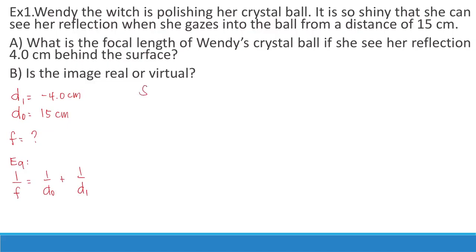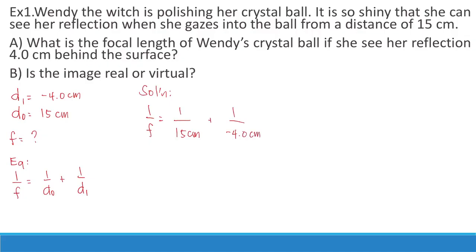We have our solution. 1 over f is equal to 1 over 15 centimeters plus 1 over negative 4 centimeters.